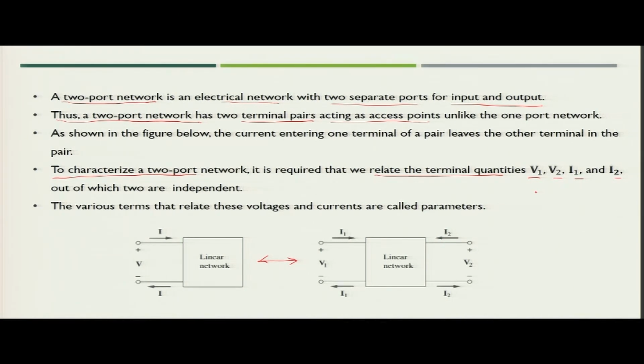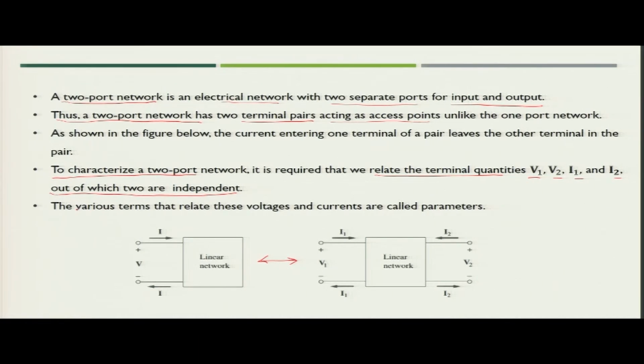So, if we want to characterize the two port network, we have to find out the values of V1, V2, I1, I2. Since we have 4 variables, at least 2 have to be made independent quantities, so that you can find out the circuit parameters.